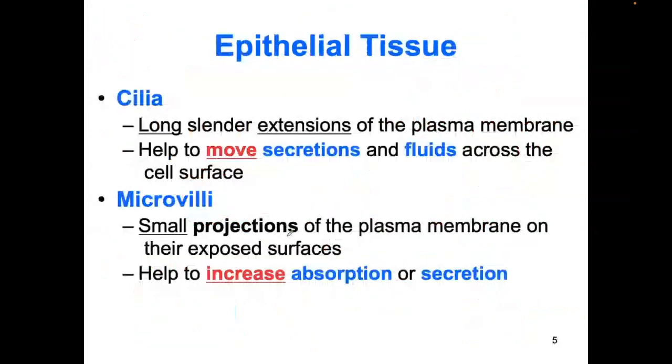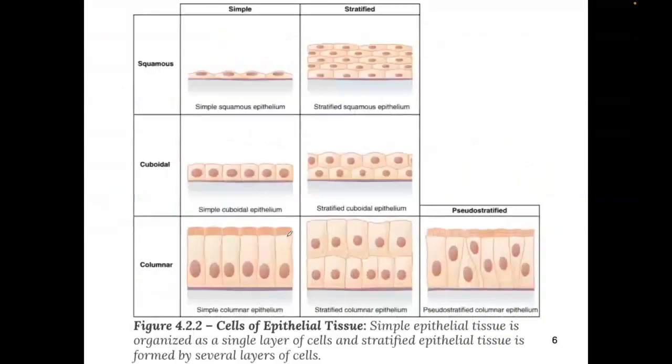So now when we look at squamous cells, they could be one cell layer of flat, irregularly shaped cells, or they could be multiple layers. If it's one cell layer, it's simple, because they're flattened like pancakes, they're squamous, so simple squamous epithelium.